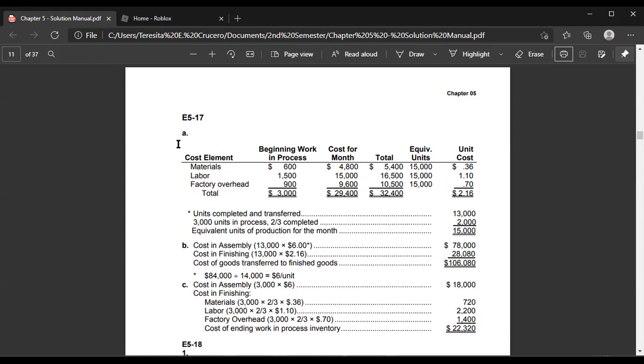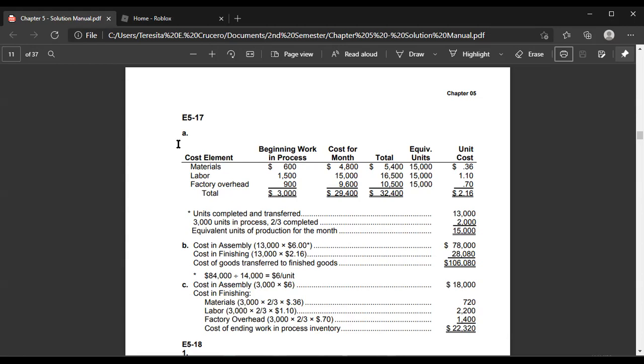So determine the unit cost for the month in finishing. That's the last department. Determine the total cost of the products transferred to finished goods and the cost of the ending work in process inventory. So for requirement letter A, we have now the beginning work in process. So we have now your cost, total is $3,000.